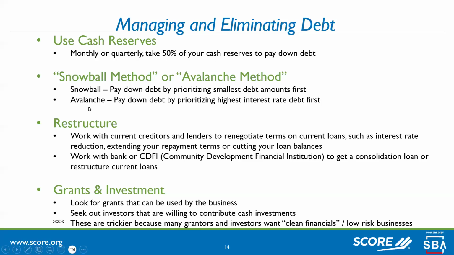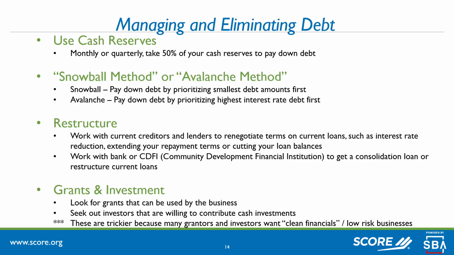Similarly, with the avalanche, you pay down debt by prioritizing the highest interest rate debt first. So in the same example, if your line of credit was, let's say, a 15% interest rate, and your credit card was only 10%, well, then in this case you want to pay down that line of credit first, because that's got the highest interest rate and it's costing you more in the long run.